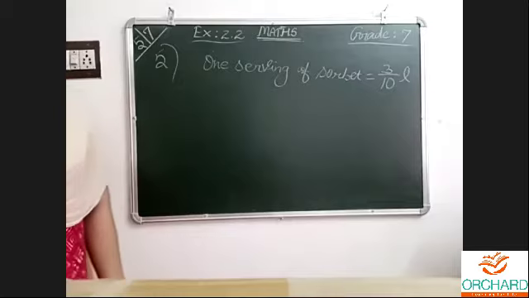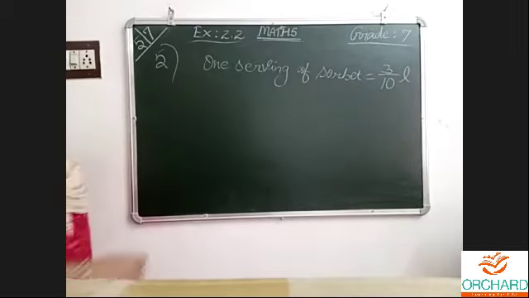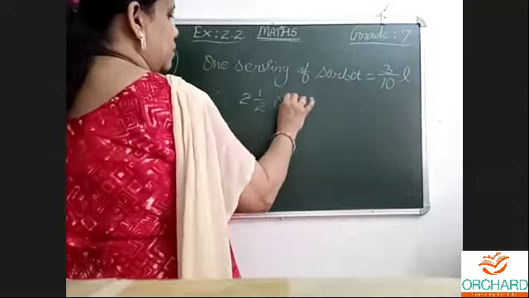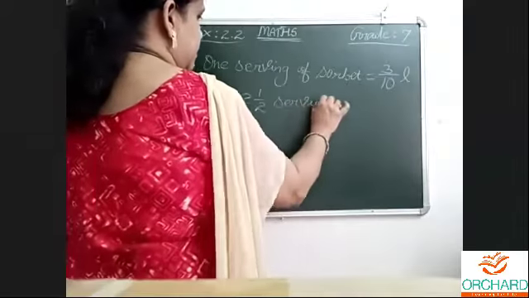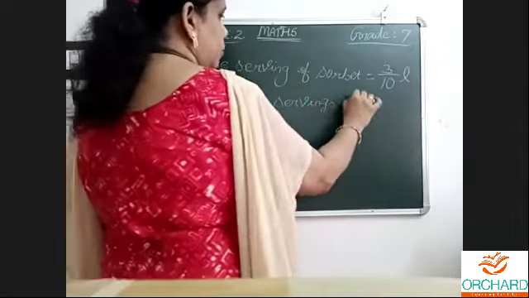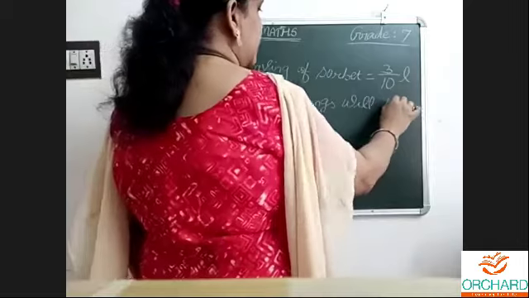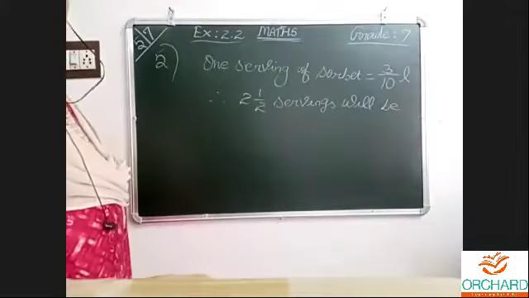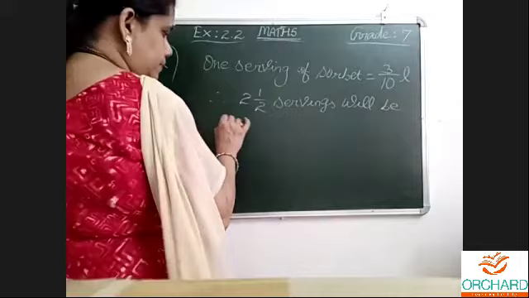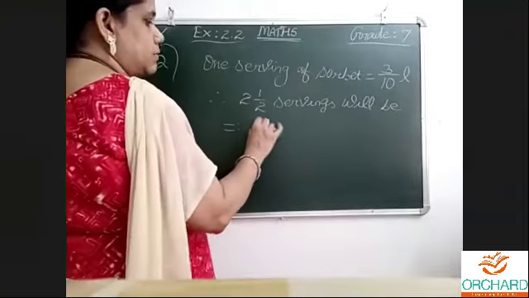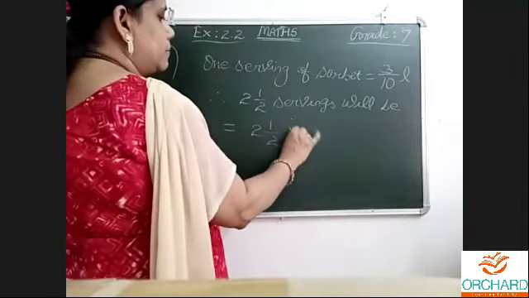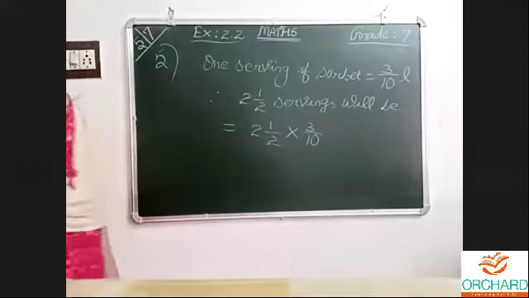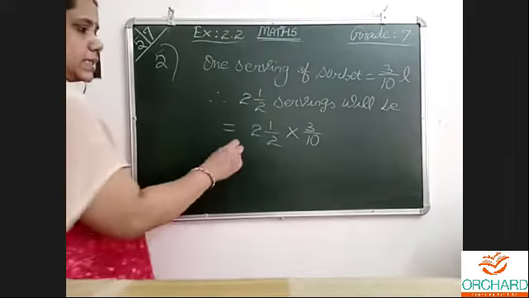How many liters will 2.5 servings be? One given, more asked. One chalk is 5 rupees, 10 chalks, how much? 50. In the same way, 2.5 servings will be 2.5 multiplied by 3 by 10. Always it is simple multiplication.